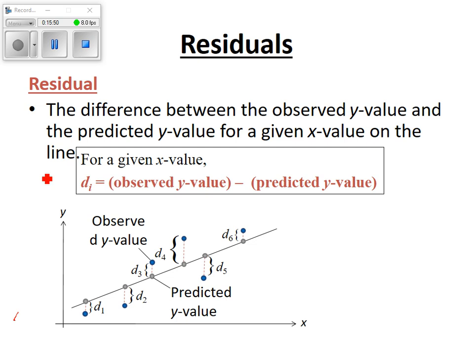All the residual is, if you're looking at a scatter plot that looks something like that, and you have a line of best fit that comes through here, the residual is the distance this point is from the line, the distance this point is from the line, and so on and so on.